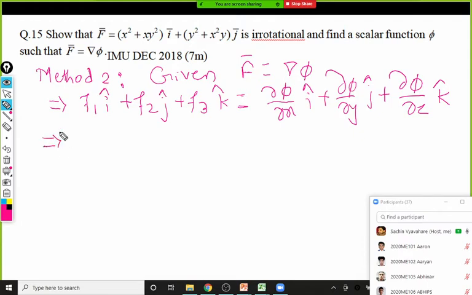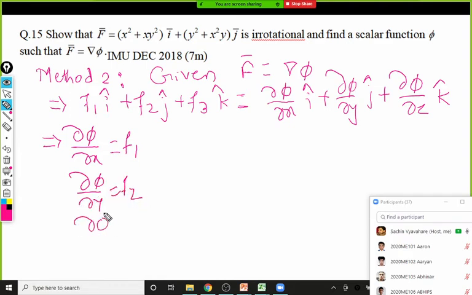Now we say the vectors are equal if and only if their components are equal. So we should get dou phi by dou x equal to f1, dou phi by dou y equal to f2, and dou phi by dou z equal to f3. Now what is f1 here? F1 is x square plus xy square.